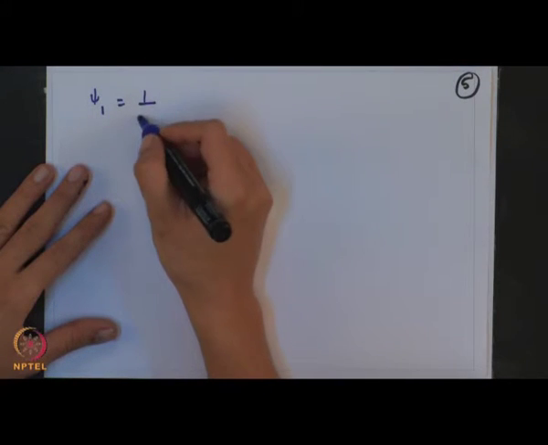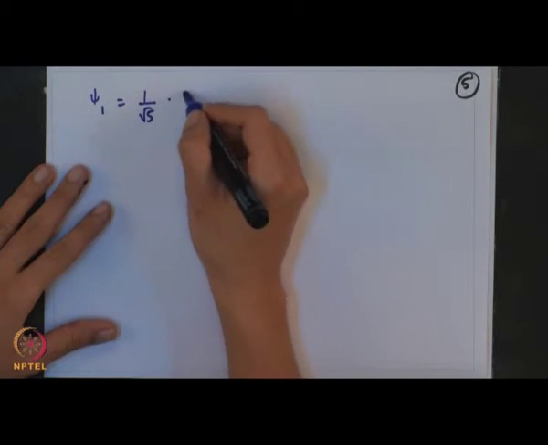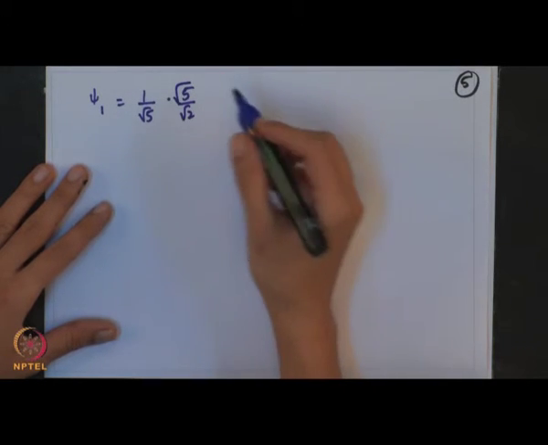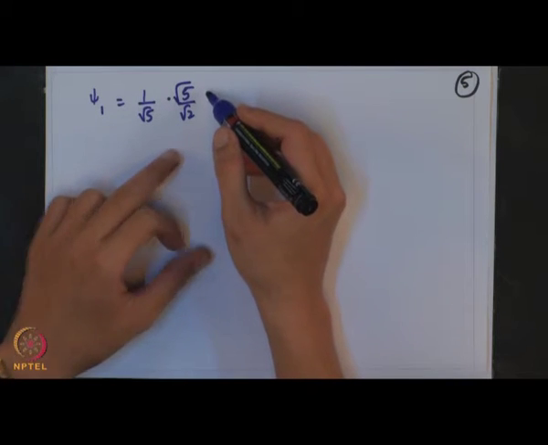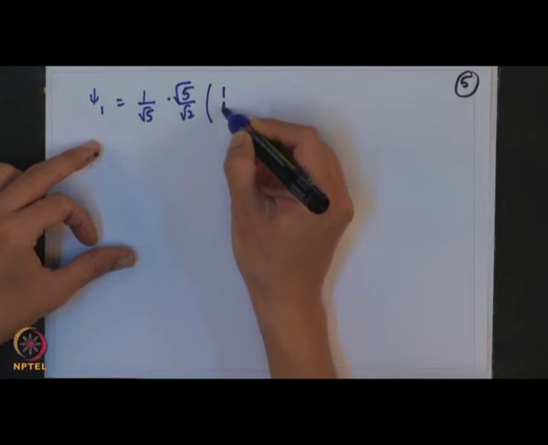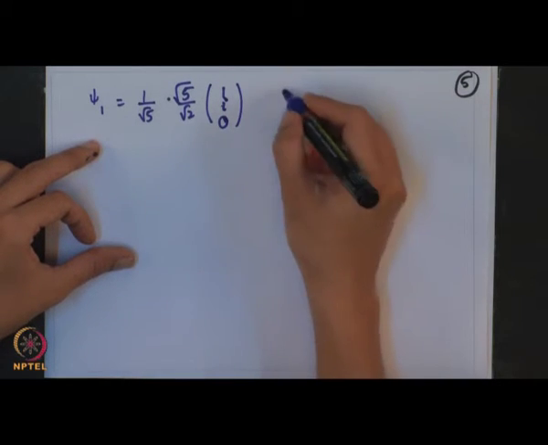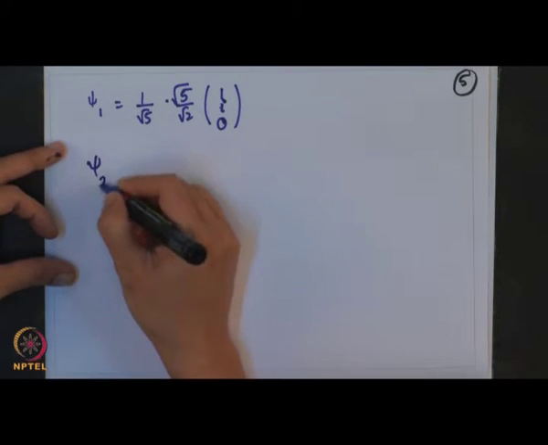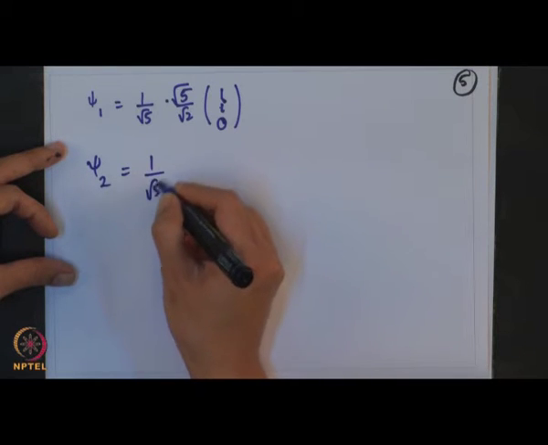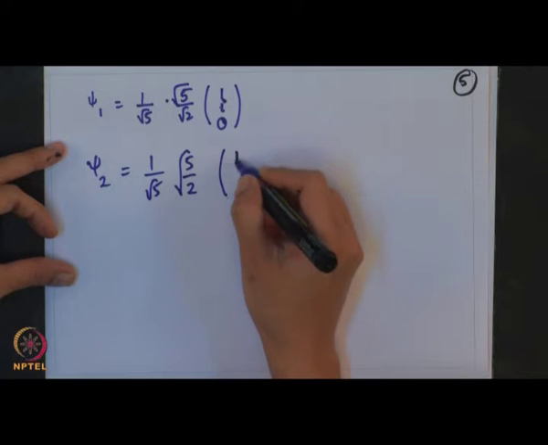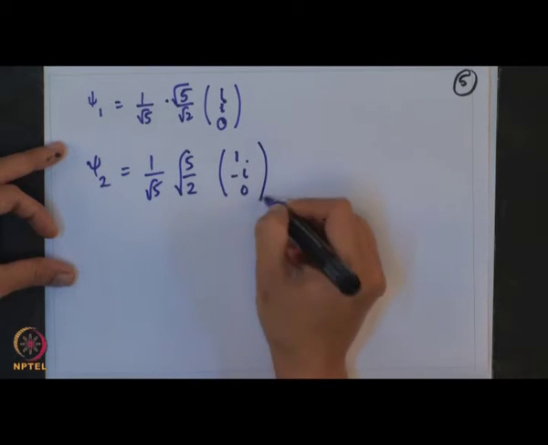Psi 1, I can write it as 1 by root 5 into root 5 by root 2, 1, i, 0. Okay. And psi 2 as 1 by root 5, again root 5 by root 2, 1, minus i, 0.